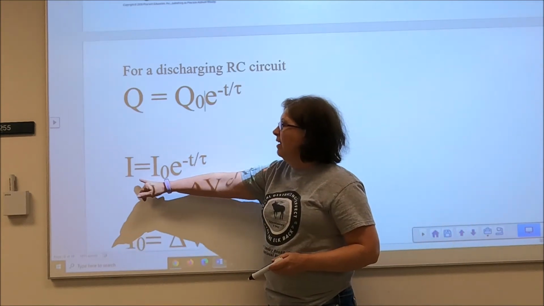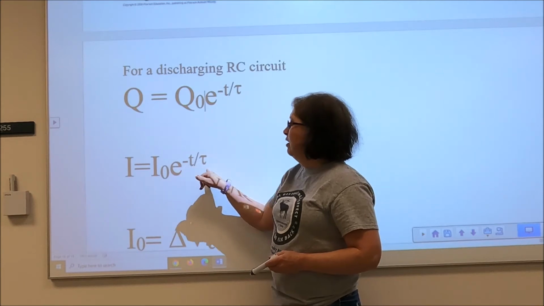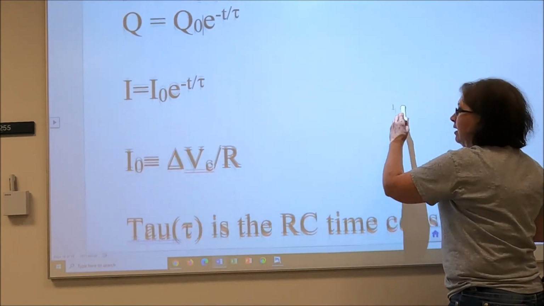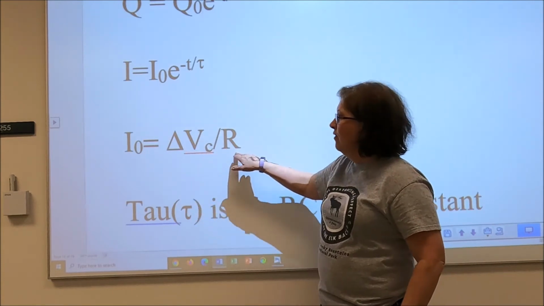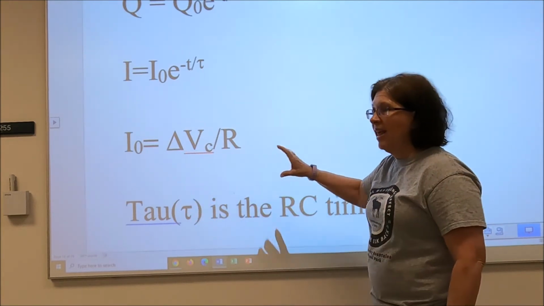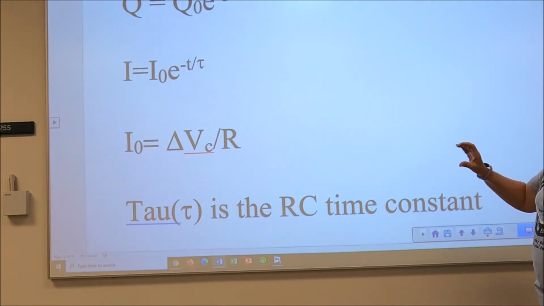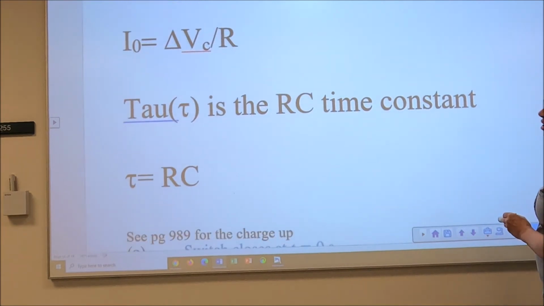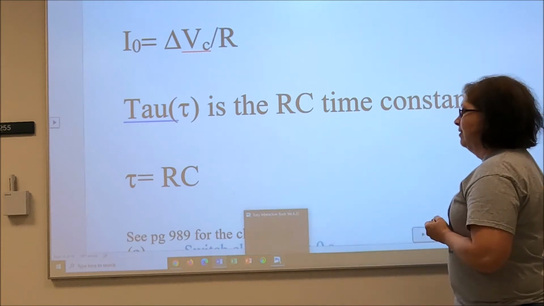The current is equal to I0 e to the minus t over tau. I0 is always delta V of the capacitor divided by R of the resistor, because that's the initial voltage across that resistor, so that's the initial current. Tau is called the RC time constant, and it's the resistance times the capacitance.